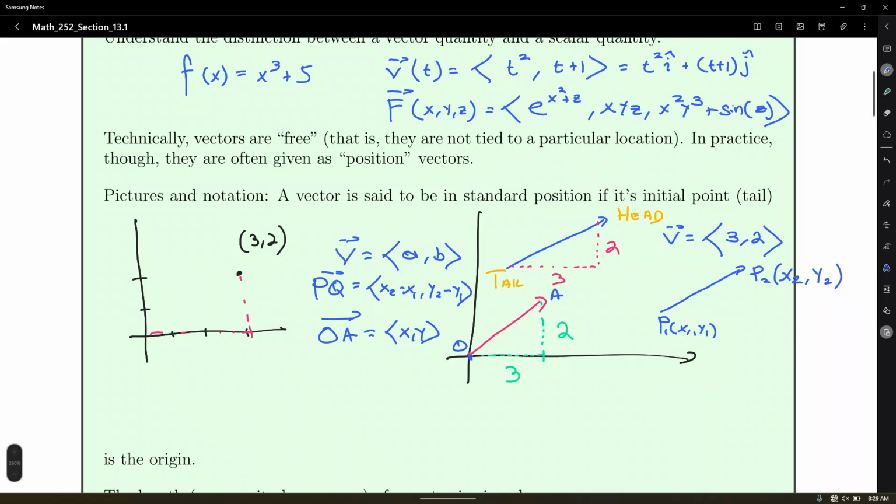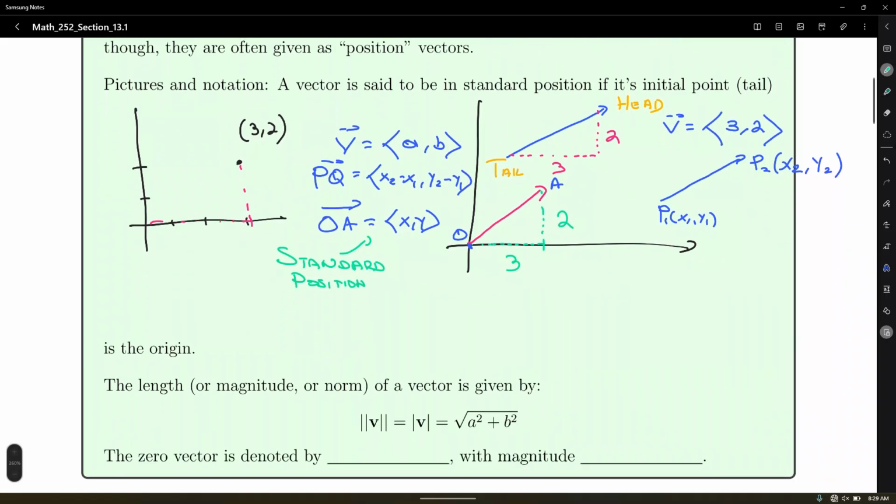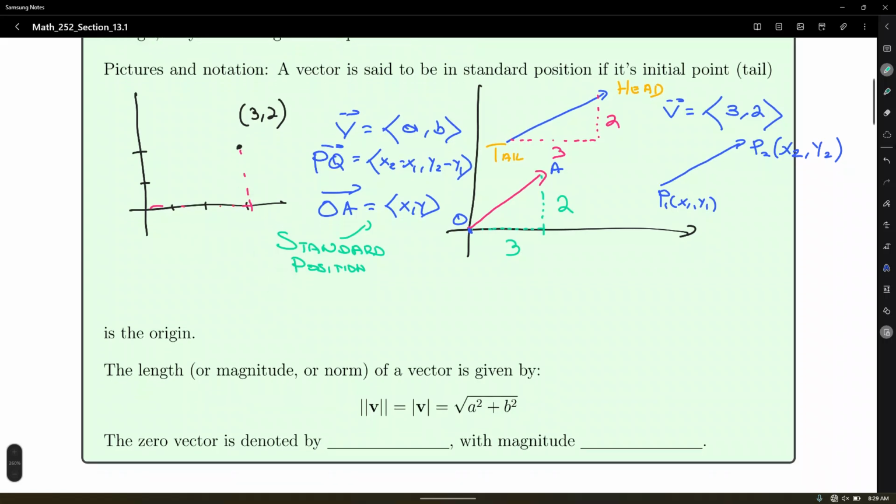So this vector having the initial point at the origin is called a vector in standard position. And we're going to be doing a lot of vectors in standard position, but still we need to have this idea as well that you can position vectors anywhere you want. So they're not tied to a particular position like ordered pairs, for instance.